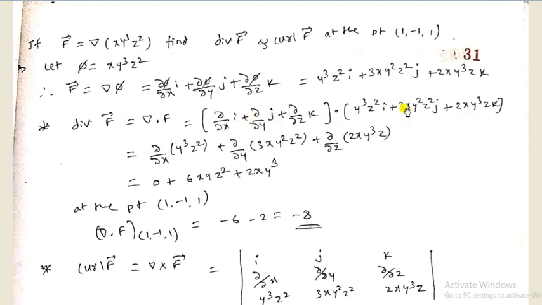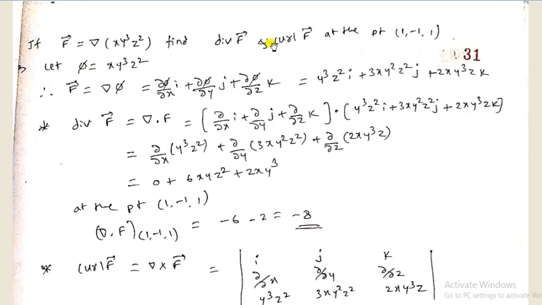Then dou by dou y of 3x y square z square is 6xy z square, and dou by dou z of 2x y cube z is 2x y cube. Now using the given point 1, minus 1, 1: x equal to 1, y is minus 1, z is 1. So we get minus 6 minus 2, that becomes minus 8. So divergence of vector f is equal to minus 8.